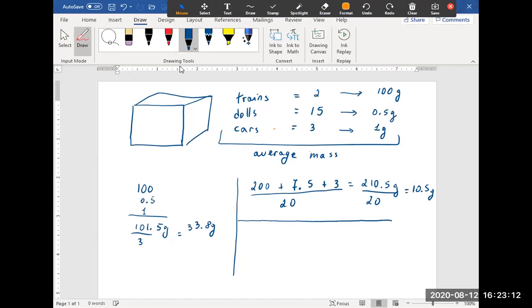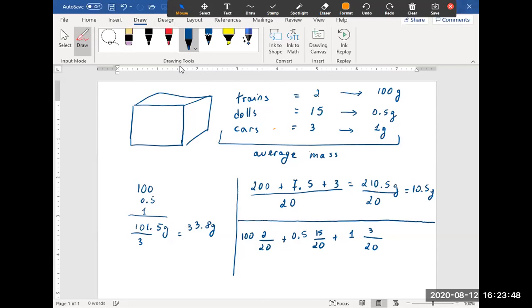Also, what happens instead if I consider the abundances, okay, of every single one of those things? So I have 100 grams, but 100 grams is present for 2 times over 20, okay? And then I have the 0.5, okay, which is present for 15 times out of 20. And then I have the 1 gram, which is present for 3 times out of 20.